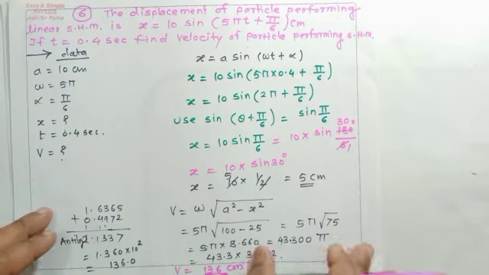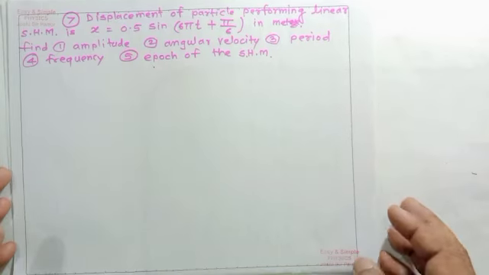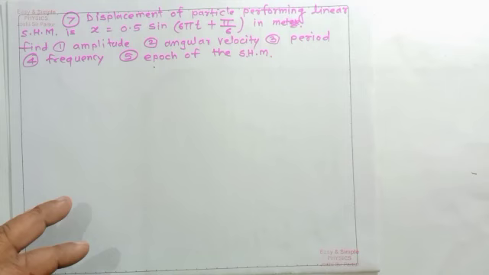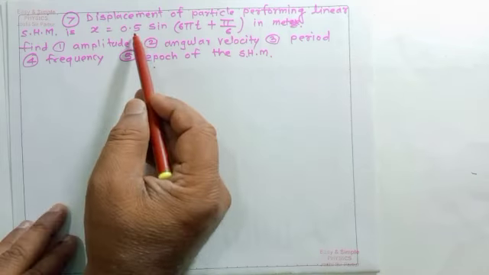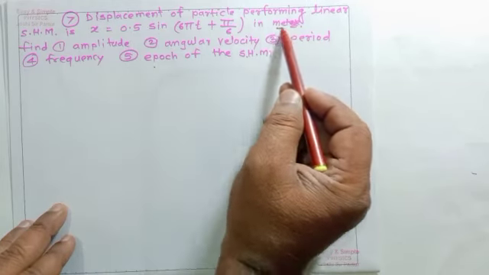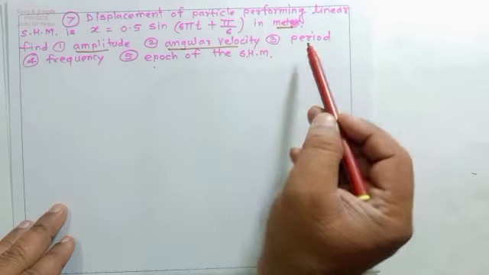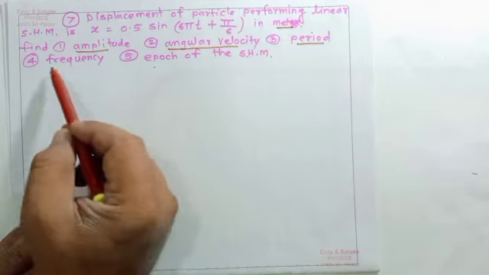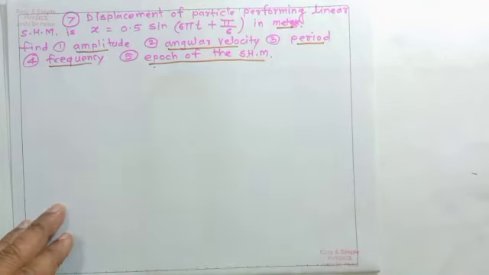So again we can solve another example. The displacement of a particle performing linear simple harmonic motion is x equal to 0.5 sine of 6 pi t plus pi upon 6 in meter. Find number 1 amplitude, number 2 angular velocity, number 3 period, number 4 frequency and number 5 epoch of the simple harmonic motion.